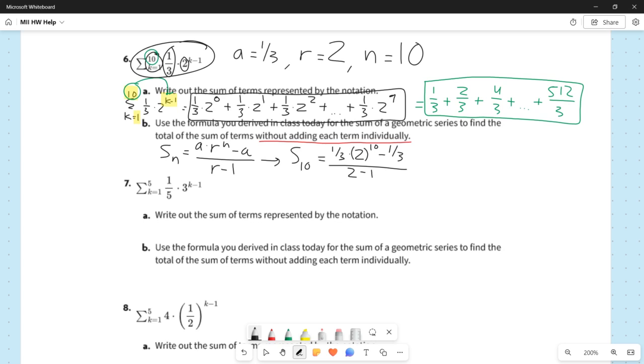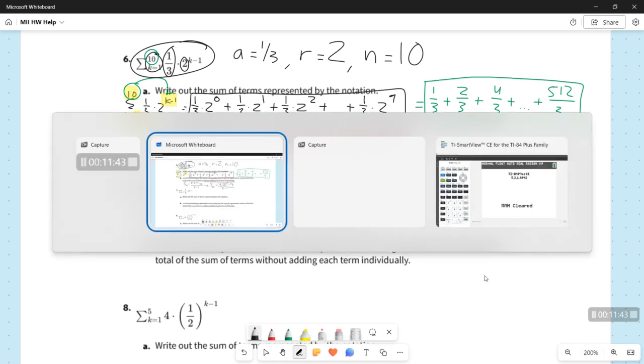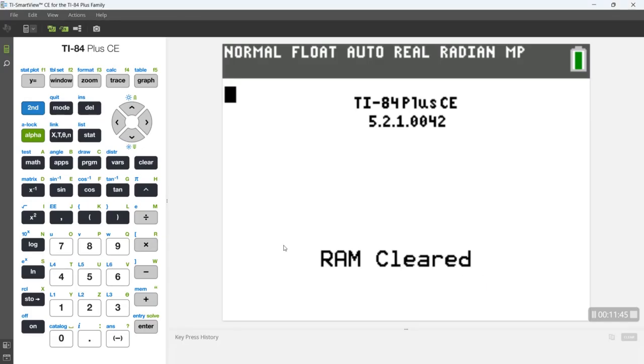Now, I think the easiest way to do this, I would use the calculator here. I guess we could do this without the calculator, but I don't feel like it. So notice that our denominator is just 2 minus 1, which is 1. So realistically, all we need to do is evaluate the numerator, and then we're done. I'm just going to jump to my calculator right here. So I have a 1/3.